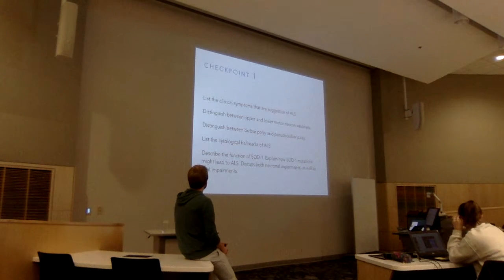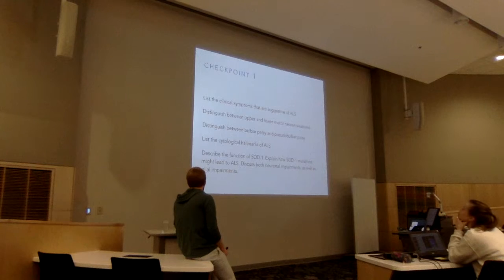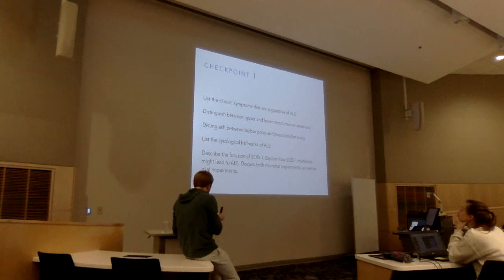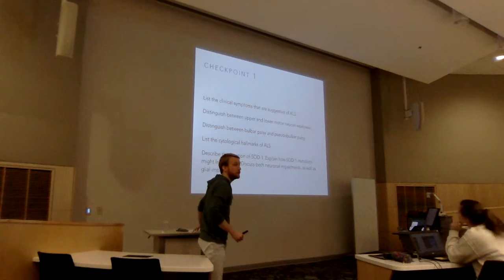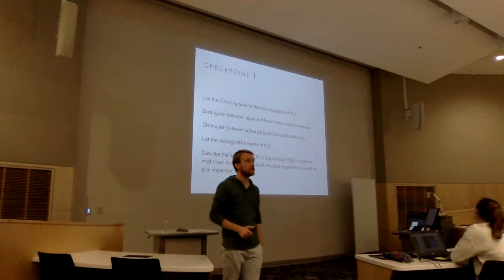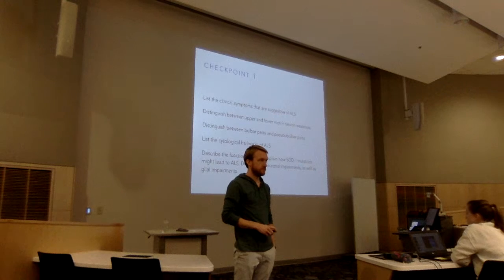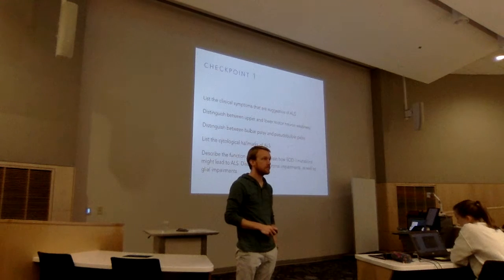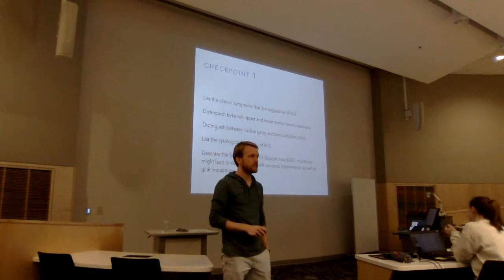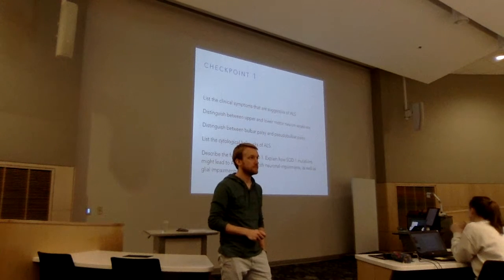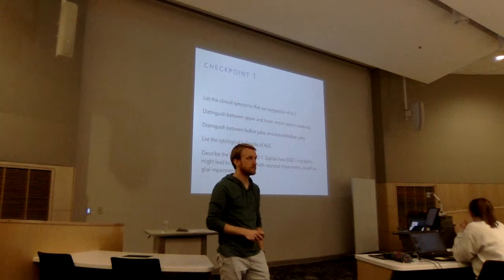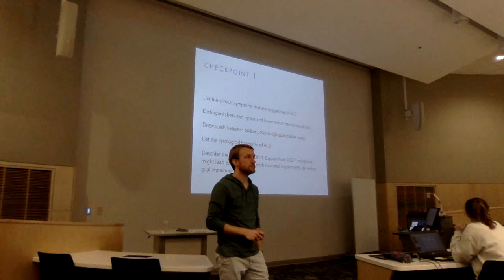So how can we tell the difference between upper and lower motor neuron weakness? Noah. In upper motor neuron weakness, you have abnormal reflexes and increased muscle spasticity. But for lower motor neurons, there's absence of reflex, decreased tone, and increased muscle wasting. Okay, great.